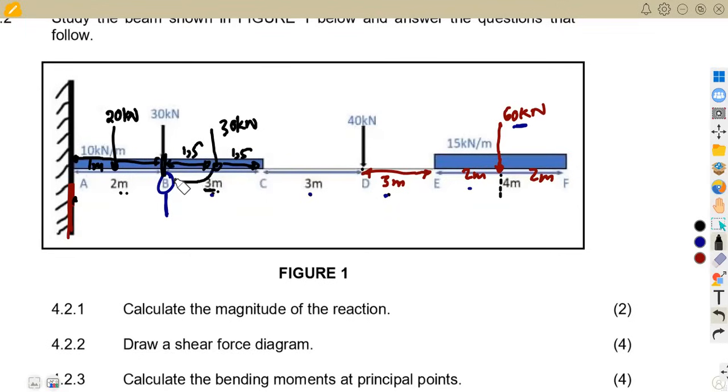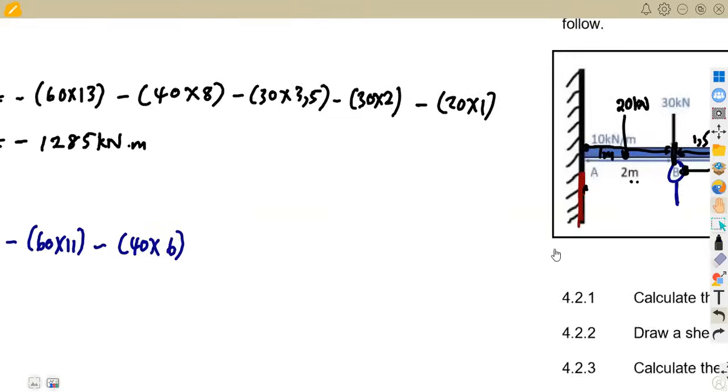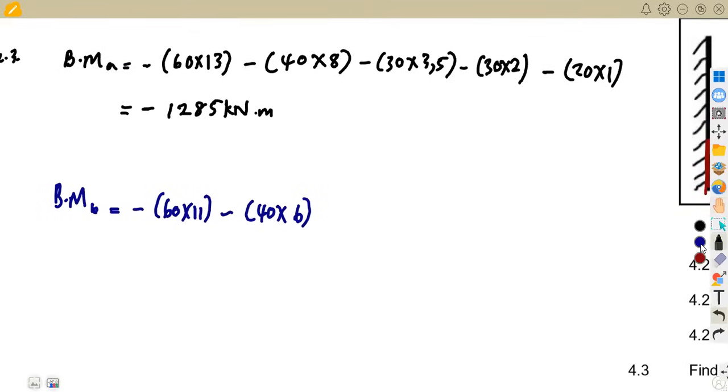So the distance back to B here is 1,5 meters. So it's going to be negative 30 times 1,5, force times distance. So that was going to give us negative 945 kilonewton meter. That's the bending moment at B.